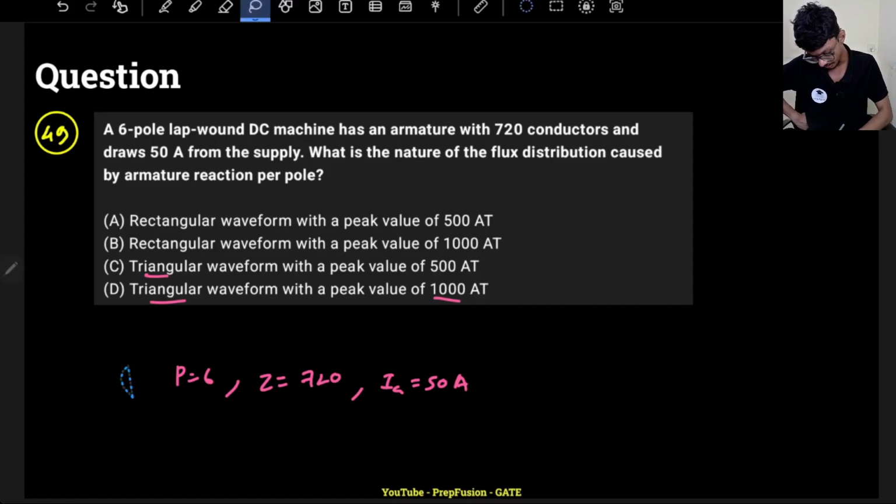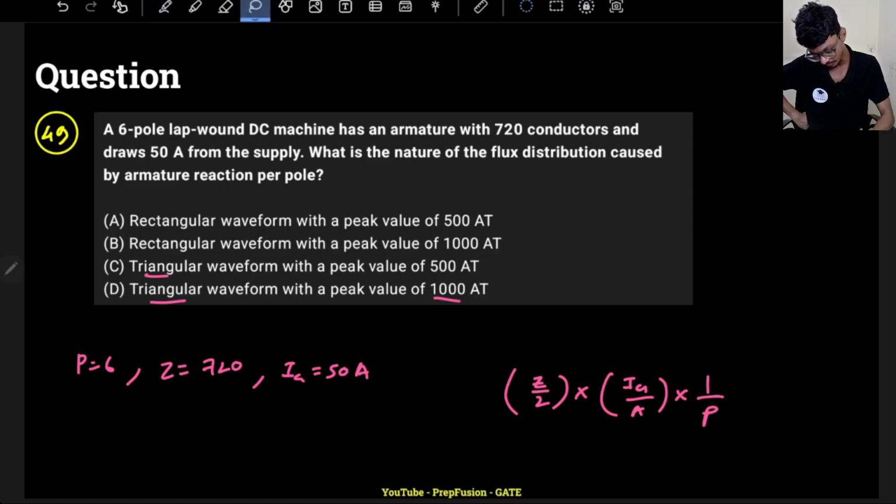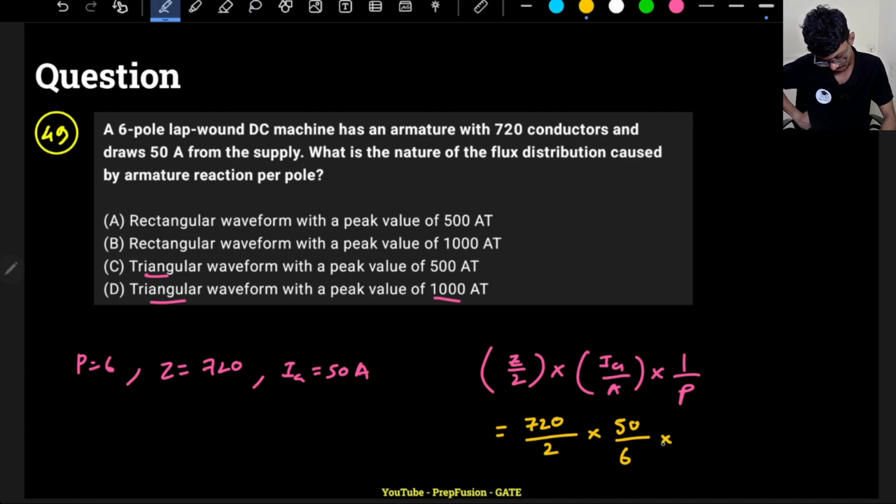We have derived the peak value, right? If you remember, it was equal to the number of turns, Z by 2, into the armature current per coil, Ia by A, divided by the pole. This is the peak value of the armature flux. This can be asked. So it is 720 divided by 2 into 50 divided by A, that is 6, into 1 by 6.